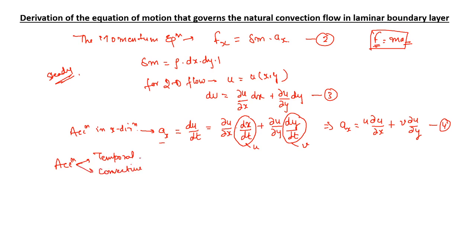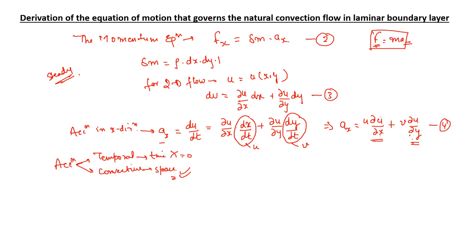Temporal acceleration is the rate of change of velocity with respect to time, and convective acceleration is change with respect to space. Temporal acceleration will be equal to 0, but this convective term will be there, and we are dealing with this convective acceleration. You can see this term is the velocity u with respect to space in x and y.